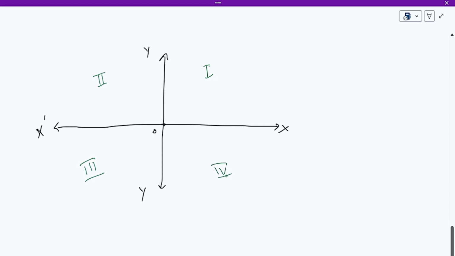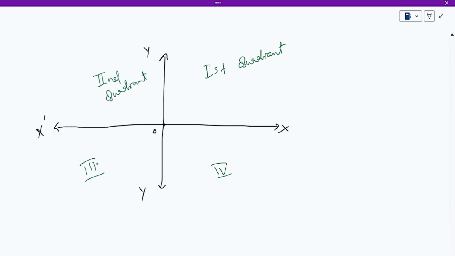Starting from the right of the origin and above the origin, that region we take as the reference, the first quadrant, and we move in the anti-clockwise direction: after one we have two, then three, then four. So this is the first quadrant, and this is the second quadrant.